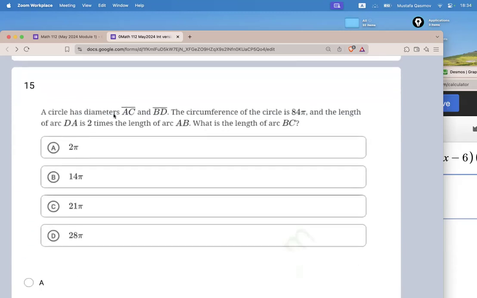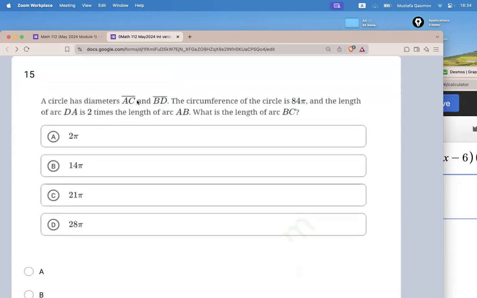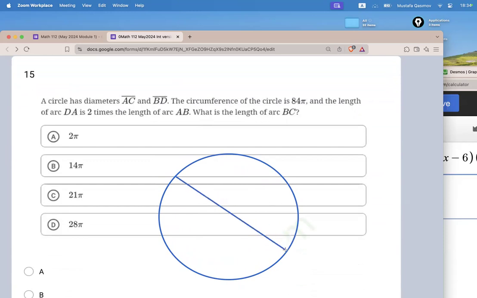Okay, let's continue. We have a circle. It has diameters AC and BD. Let's look. It is A, it is C, it is B, and it is D. AC is okay.